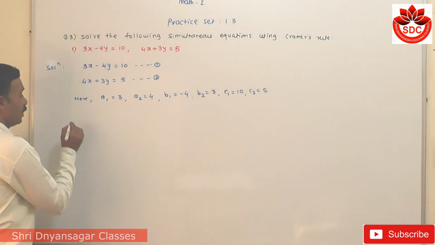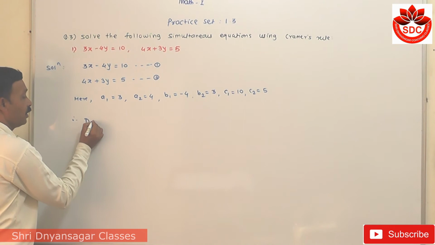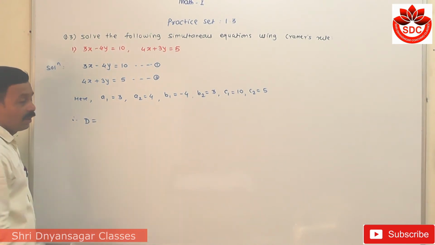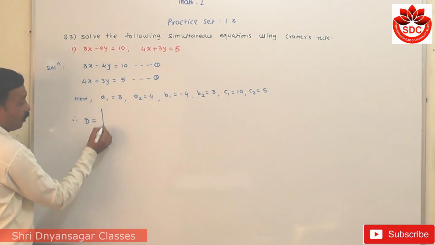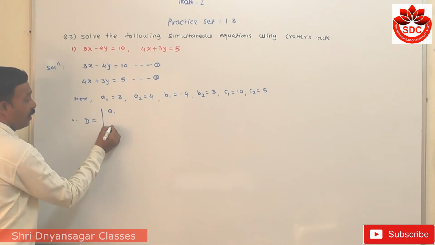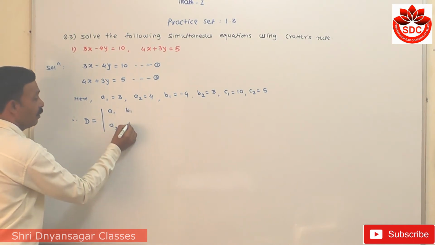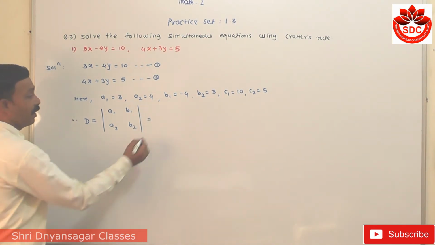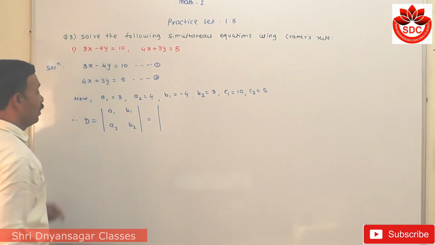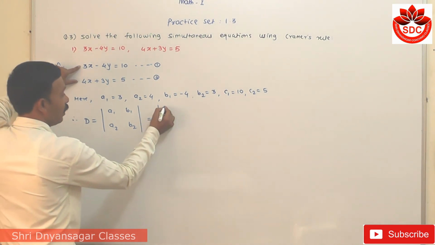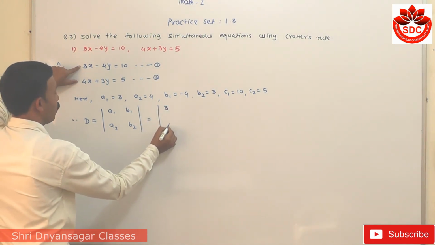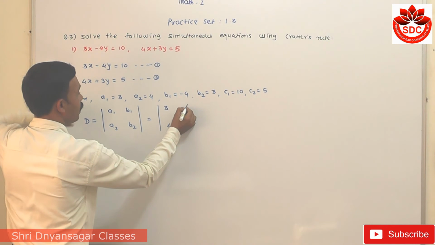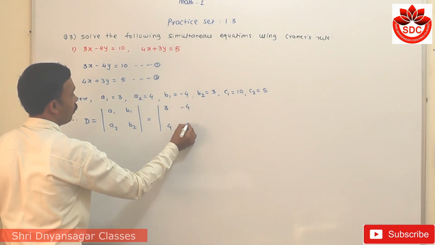Now by using this, first we find the value of D, meaning the determinant. By the rule, here are a1, a2 and b1, b2, so I substitute the values: a1 is 3 and a2 is 4, b1 is minus 4 and the value of b2 is 3.